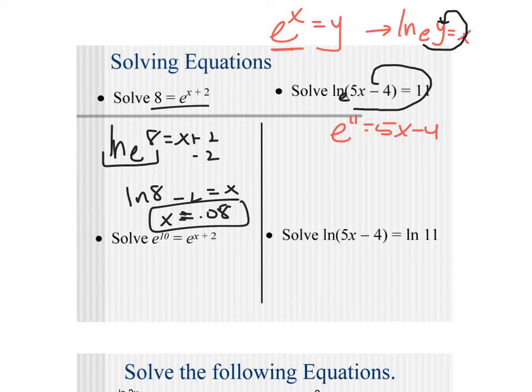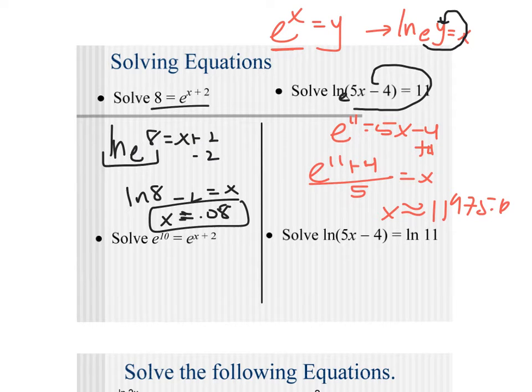Put it in exponential form so the ln goes away. Now I can just put e to the 11th in my calculator, add 4 to both sides. That's a 4, not a 1. And then you can divide by 5. Right, so get x by itself, put it all in your calc, and you end up with approximately 11975.63. Ta-da, magic.